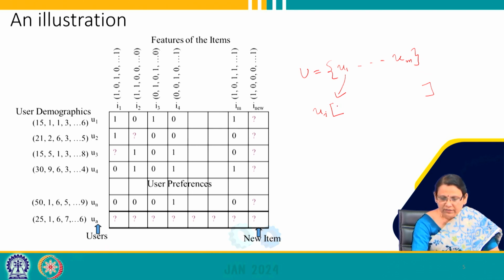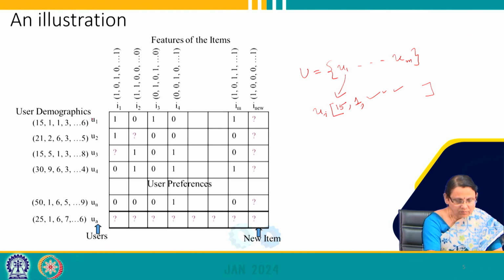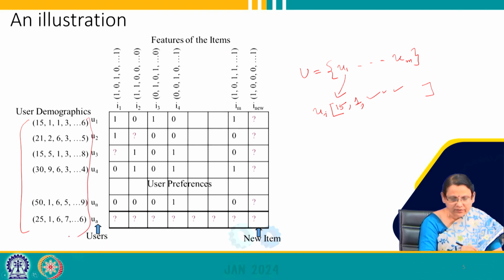So, this could be, let us say, the age of the user, his gender, or his liking about certain items, and many more such elements. So, when we consider those vectors together, they make one matrix.